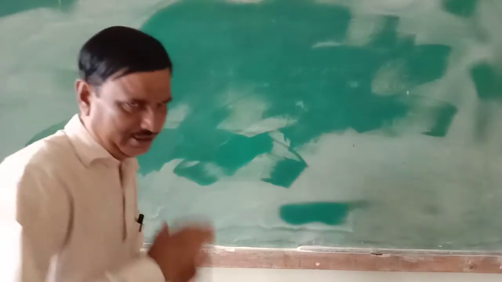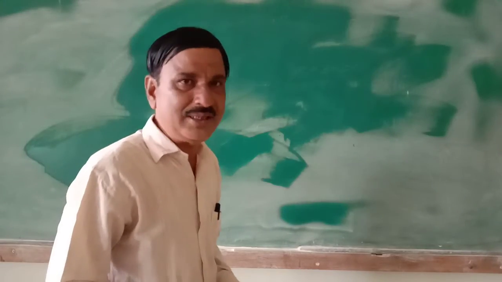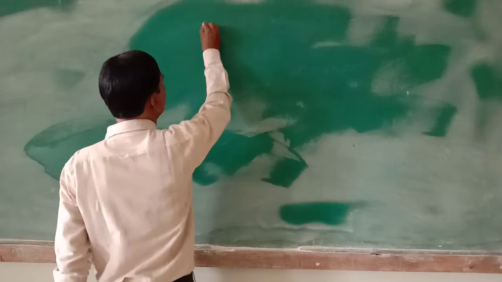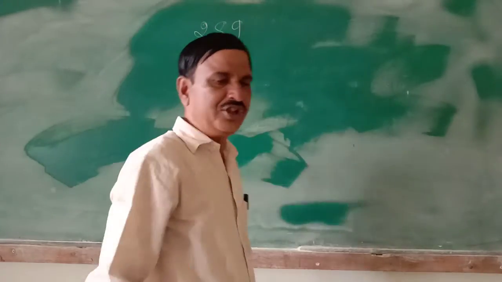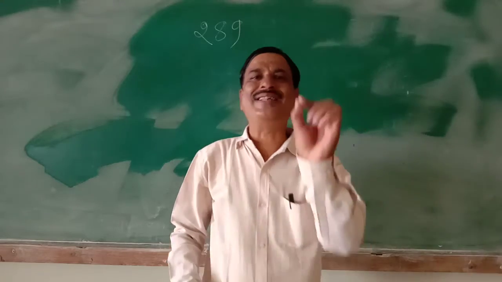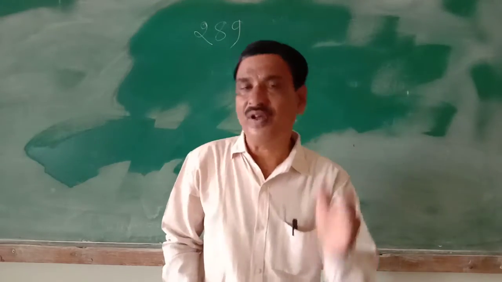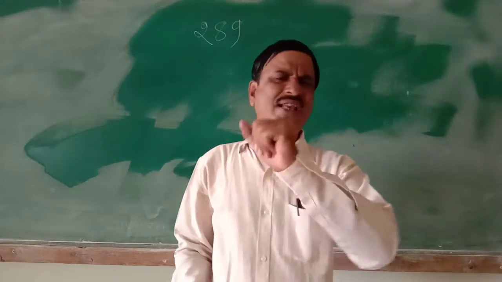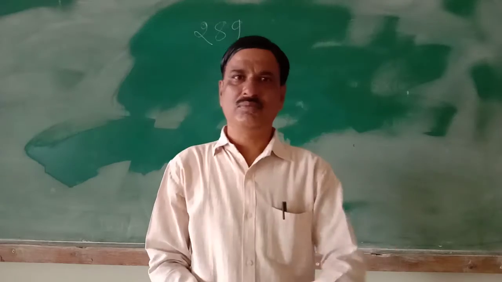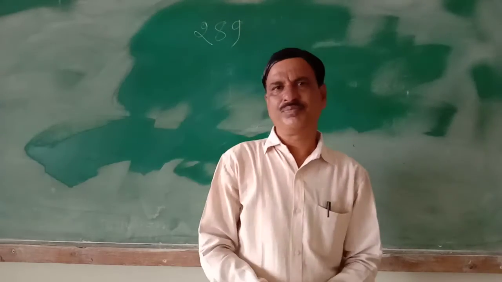One more example we can see here. Take another decimal number, 289. This is also an example of a decimal number. How can you claim that this is a decimal number?